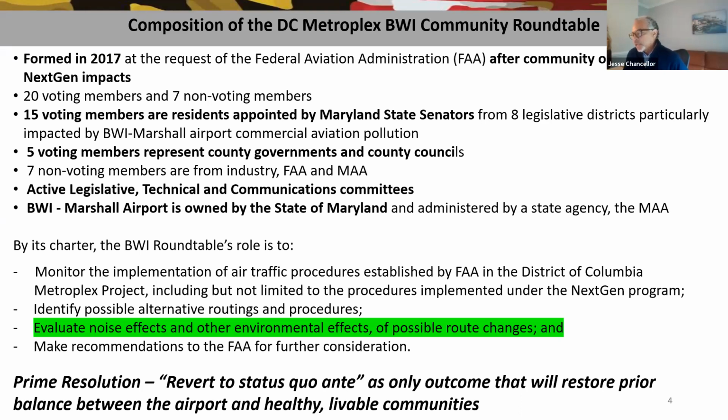We're still guided by, at the very bottom, you'll see our first resolution to the FAA at our very first meeting, which was to revert to the dispersion that existed in our area before NextGen, even if that means new, more flexible technologies than the ones that are implemented. All of our decisions are guided by this resolution. We've never taken it back. And in our opinion, it's the only way to restore the balance between the communities and commercial aviation interests that existed pre-NextGen in the Baltimore region. Next slide, please.